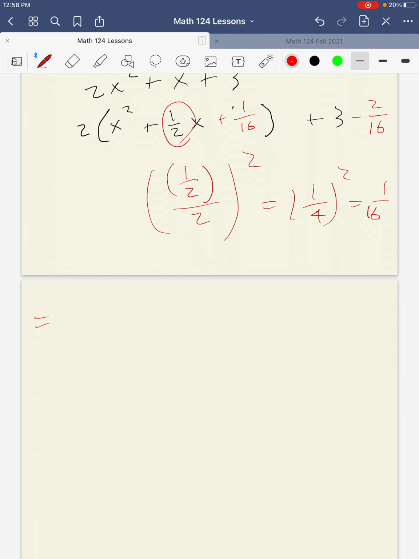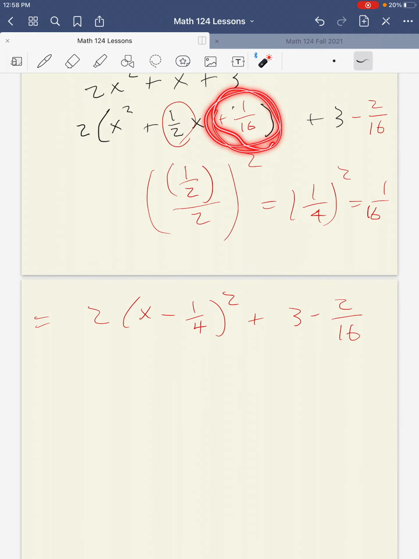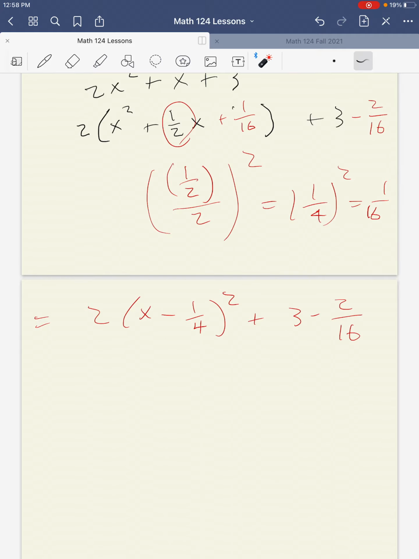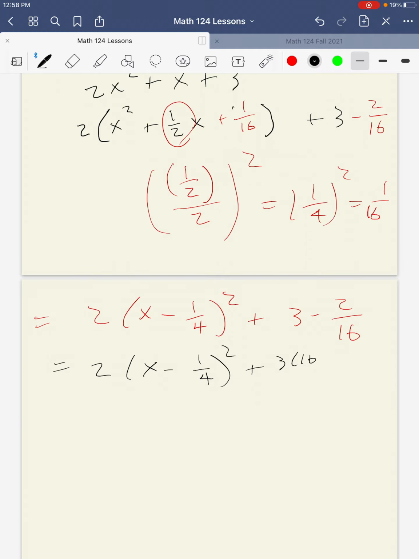Factor the equation. So now it factors perfectly as follows. Adding this magic number, I did have to minus it as well, but when I put this magic number in the parentheses, I was able to factor this perfectly. Okay, and now let us just clean this up a bit. 2 times x minus 1/4 squared. And now I will multiply 16 to the top and bottom of 3.